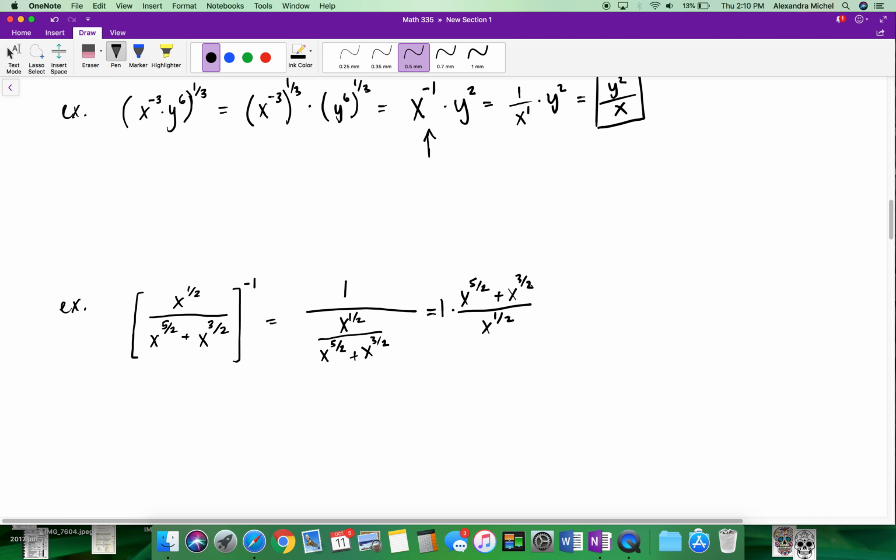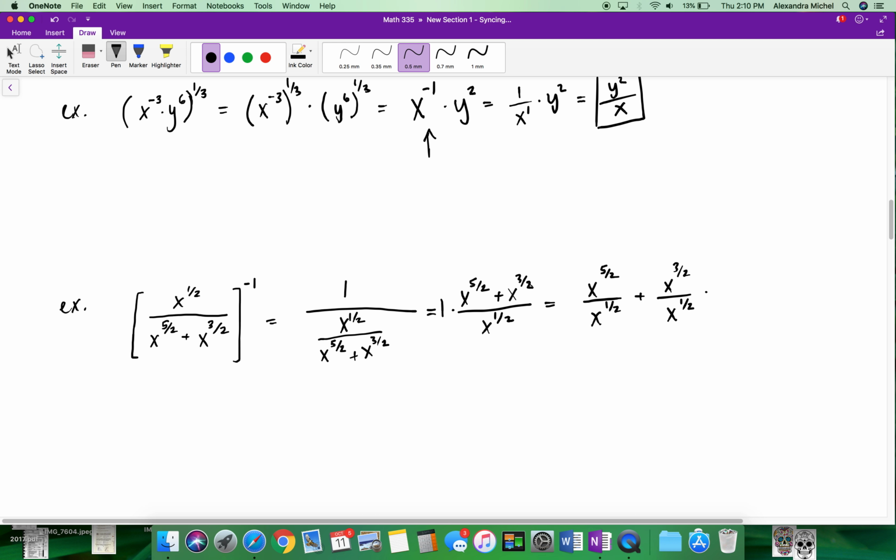So one thing I could do is I could split this up. I could say this is x to the 5 halves over x to the 1 half, plus x to the 3 halves over x to the 1 half. And now I can apply my quotient rule.